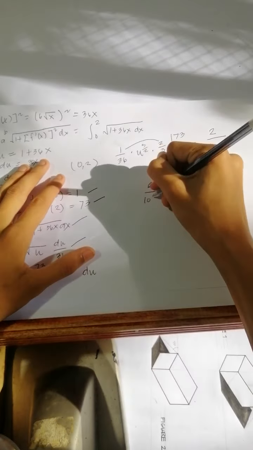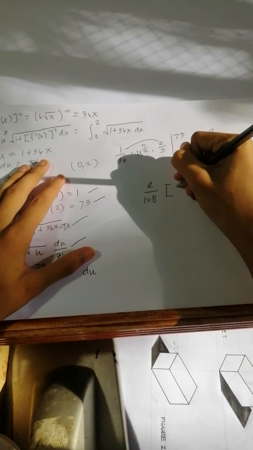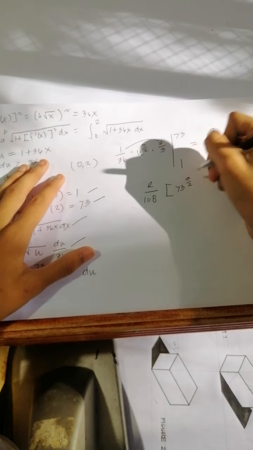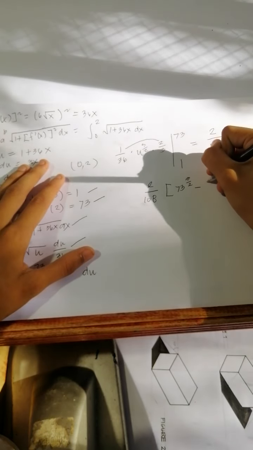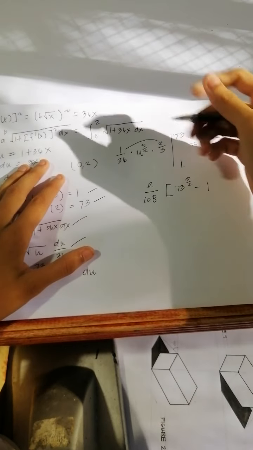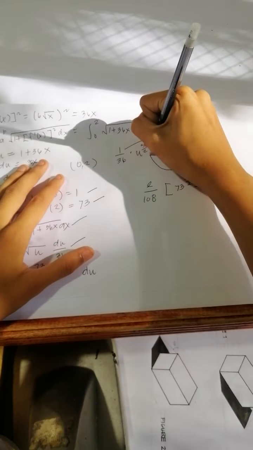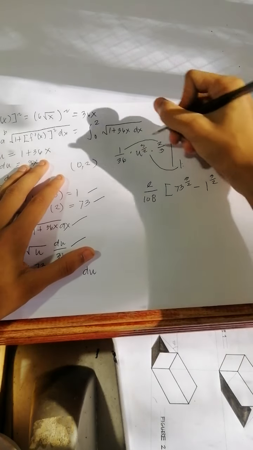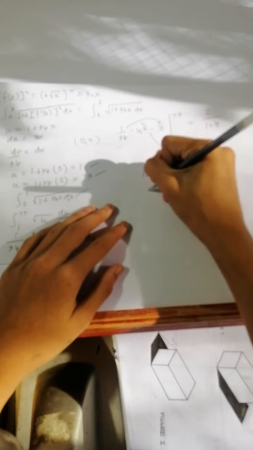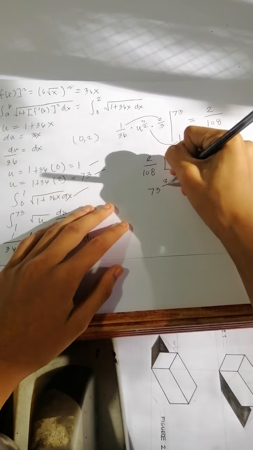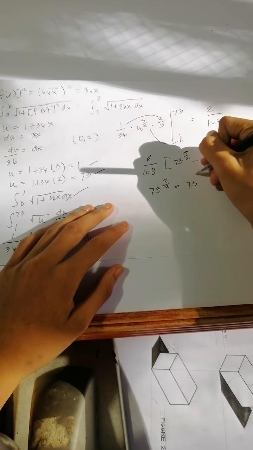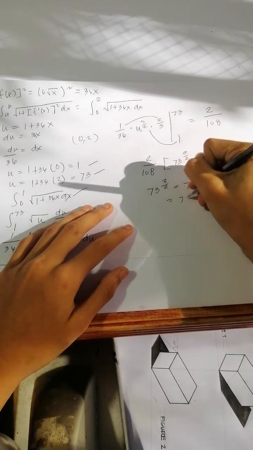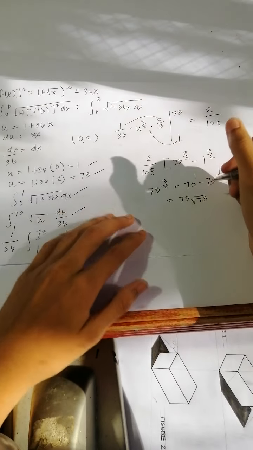2 over 108 times (73 raised to the power of 3/2 minus 1 raised to the power of 3/2). So you will raise 73 and 1 to 3/2. Next is 73 to the 3/2, which equals 73 times 73 to the 1/2, so we have 73 square root of 73.